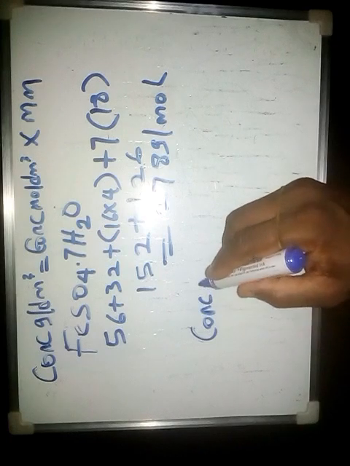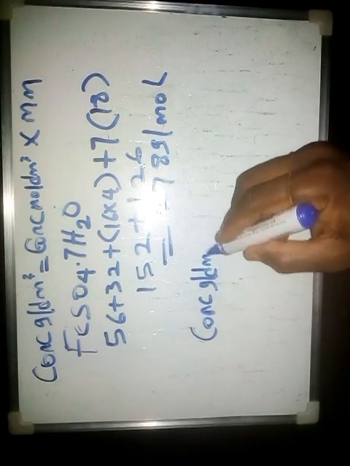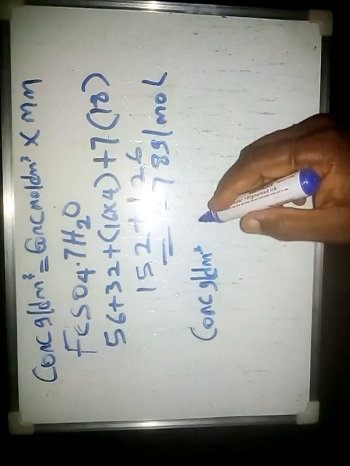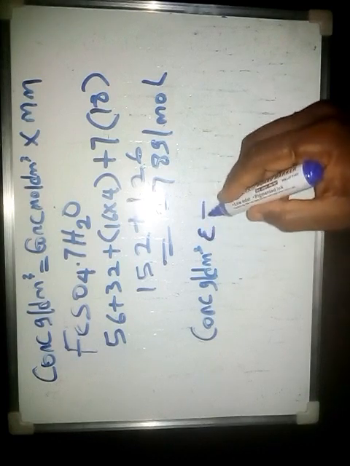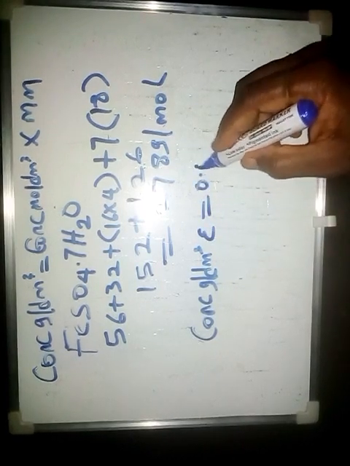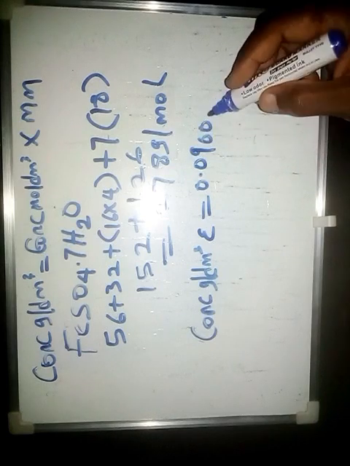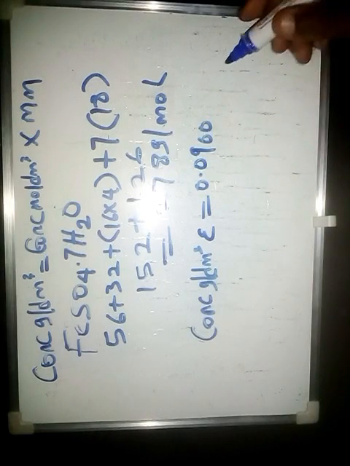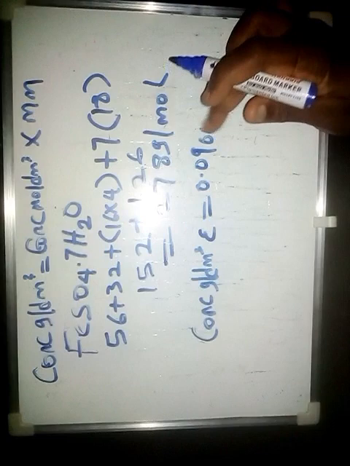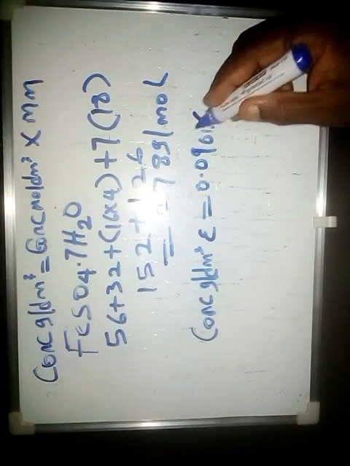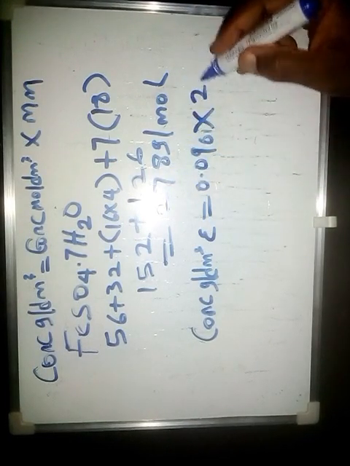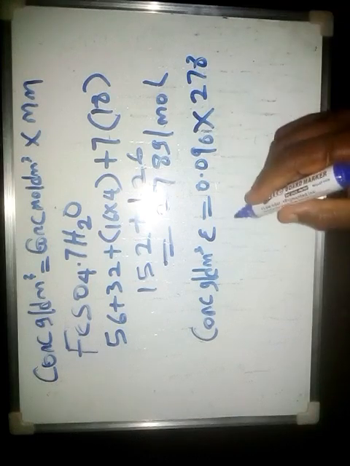Concentration in gram per dm cube of E is equal to 0.90 times this one we just calculated, 7278.